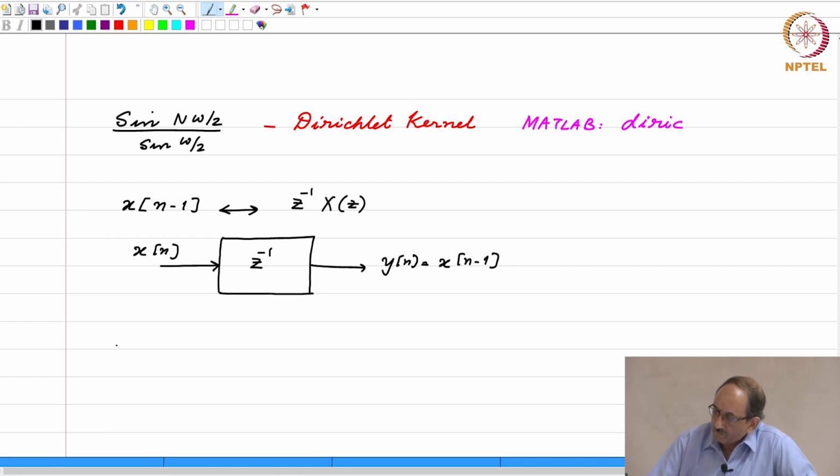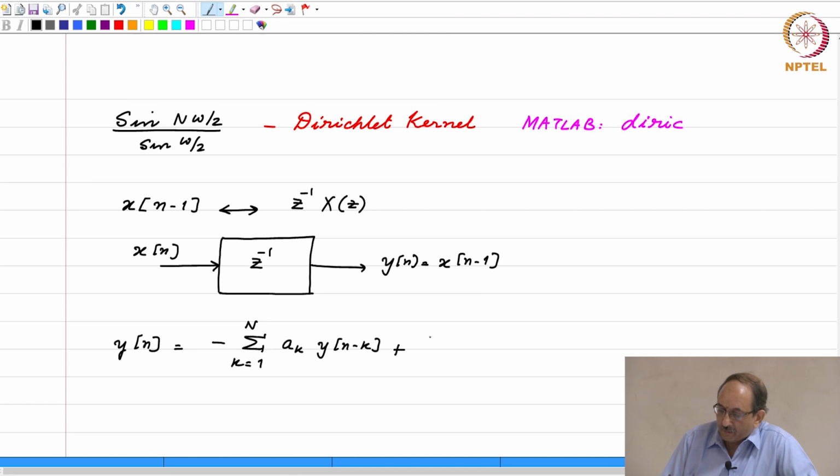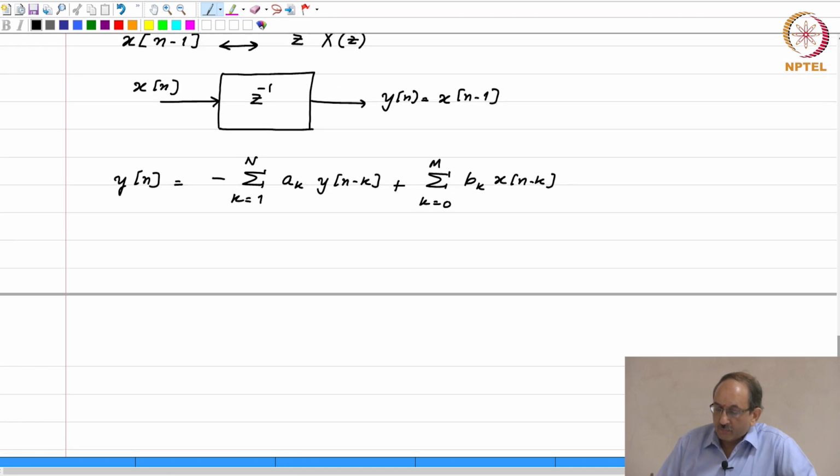Therefore, suppose you had y of n like this, a k y of n minus k, similar to what was happening in the continuous time case, where you took a system with LCCDE, but in that case it is differential equations, then you transformed it using the Laplace transform.